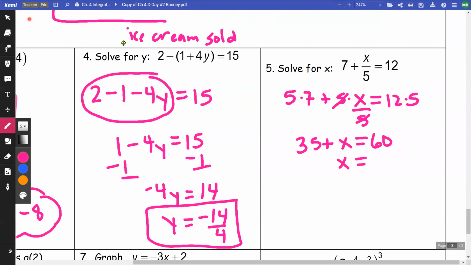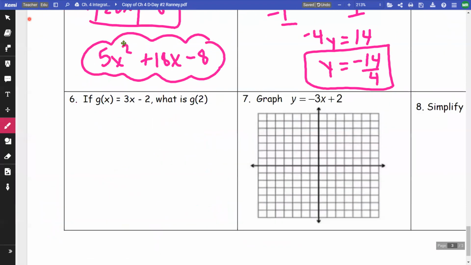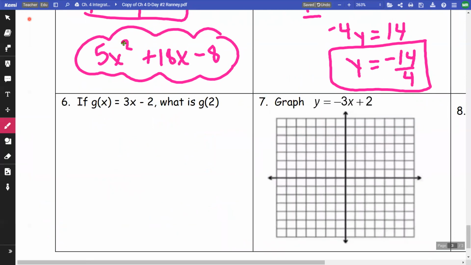I am going to subtract 35 from both sides, and I end up with a 25. On number 6, g of x is equal to 3x minus 2, and I want g of 2. That means I'm going to put 2 in place of x. So 3 times 2 minus 2, 6 minus 2, which is 4.